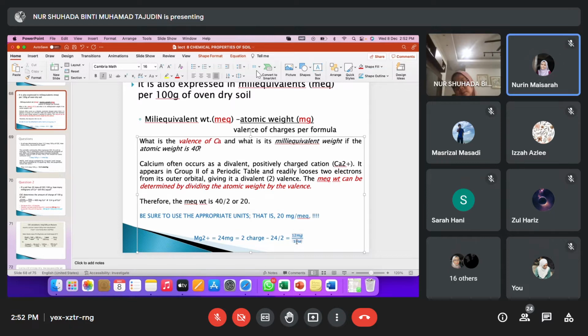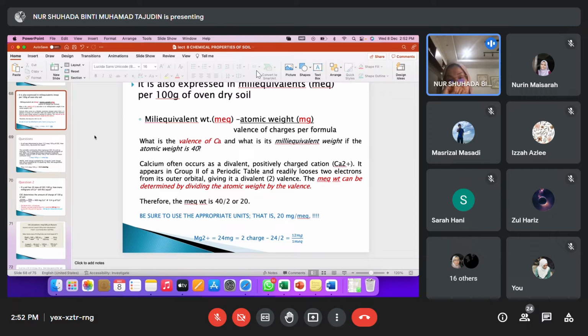Faham kan? Okay, simple je. Dia maksudnya 1 MEQ of soil can bring 12 mg of calcium, sorry, magnesium.